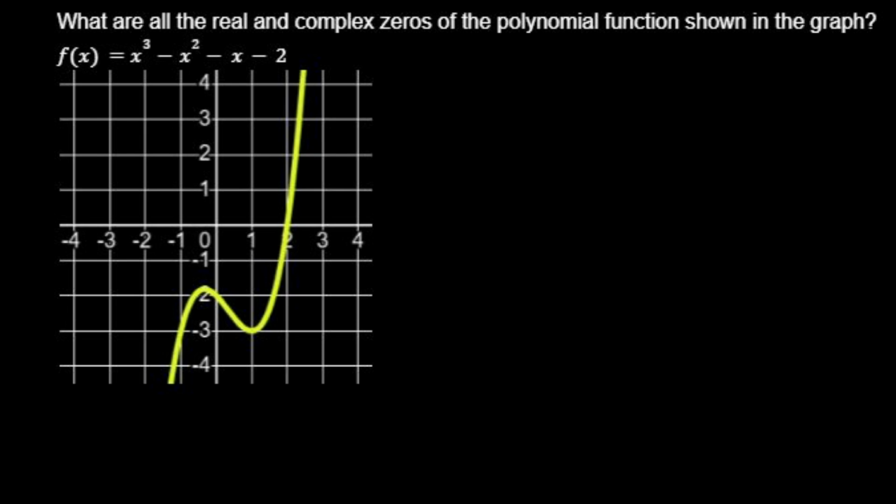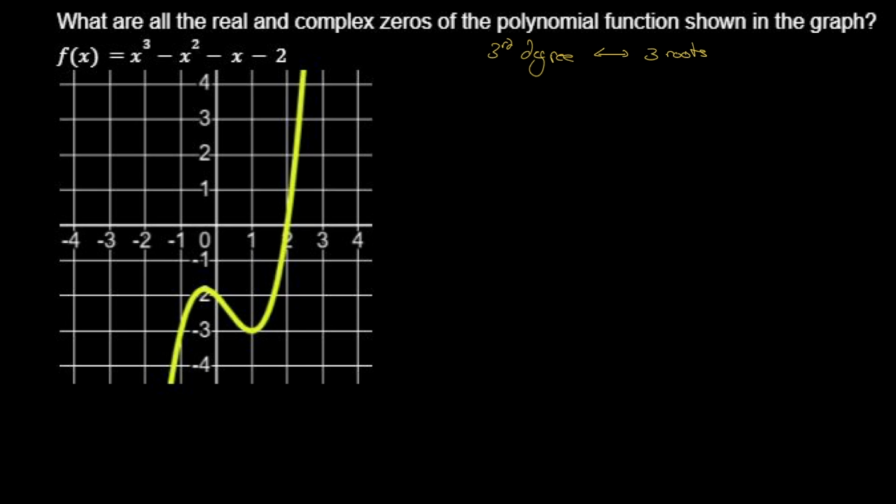Since it is third degree, according to the fundamental theorem of algebra, we will have exactly 3 roots if we count multiplicity and complex roots. So by the time I'm done, I should have a total of 3 solutions.